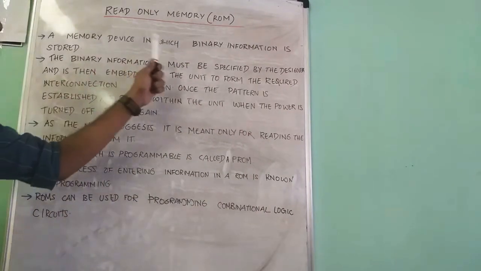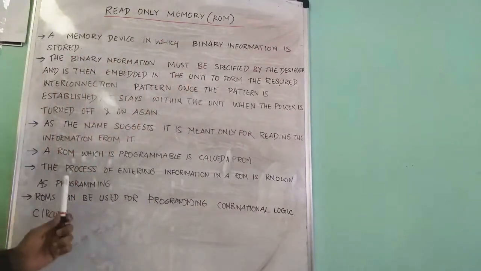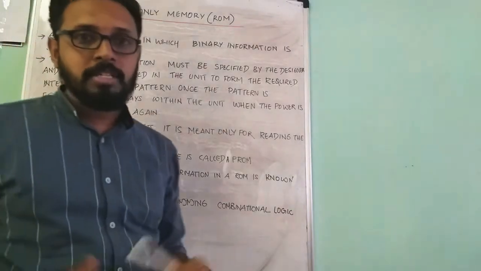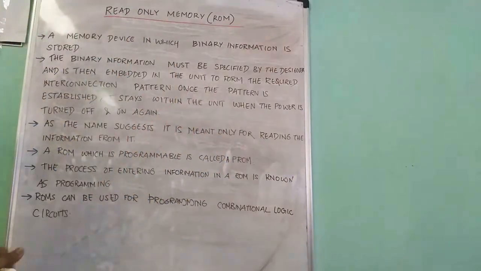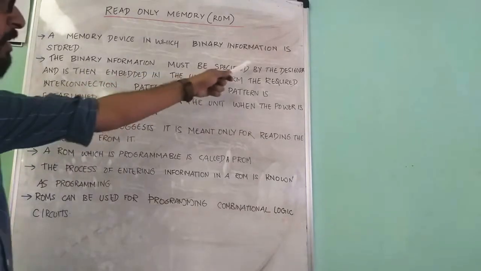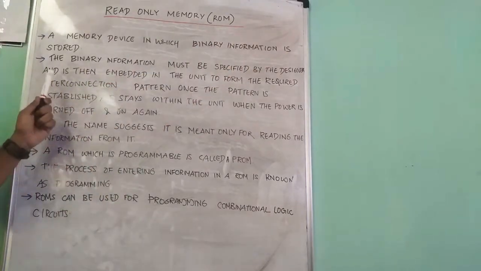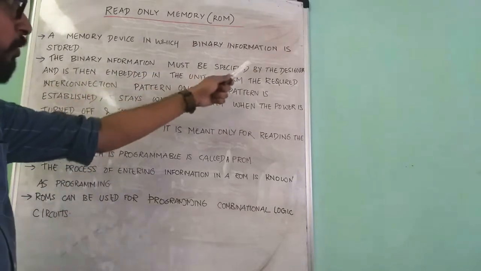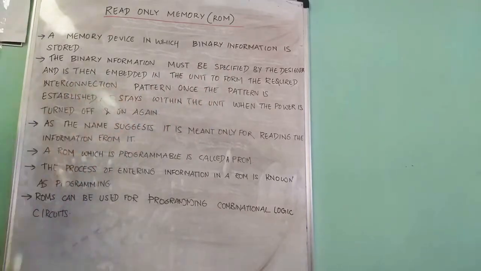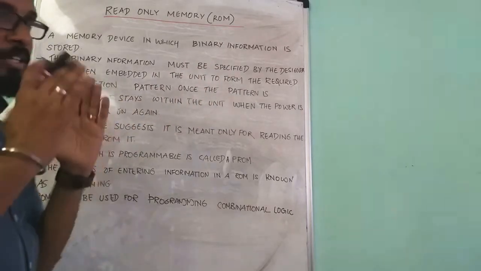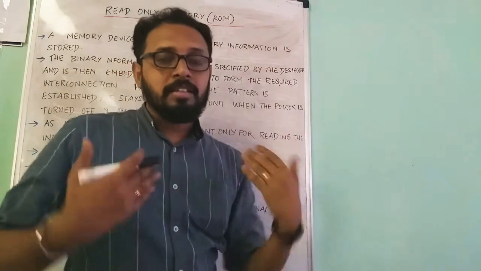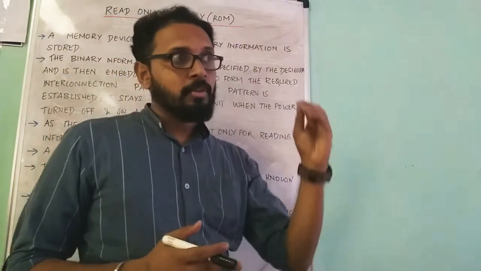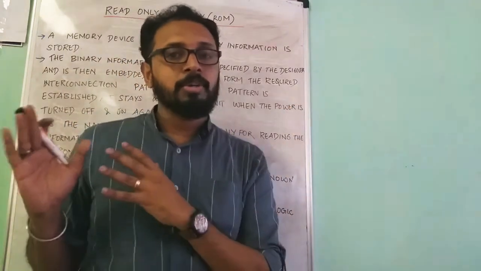A read-only memory, or ROM, is a memory device in which the binary information is stored. The binary information must be specified by the designer and is then embedded in it to form the required interconnection pattern. In short, the designer decides what sort of information is to be stored in this particular ROM.